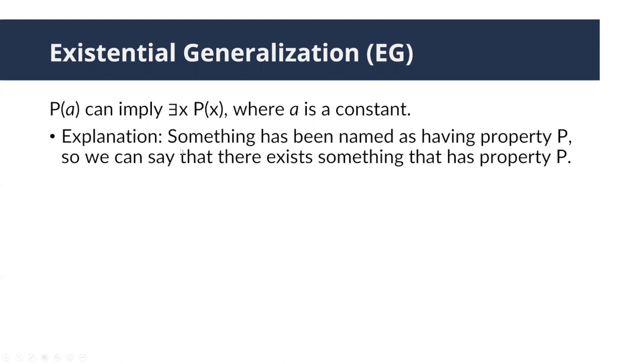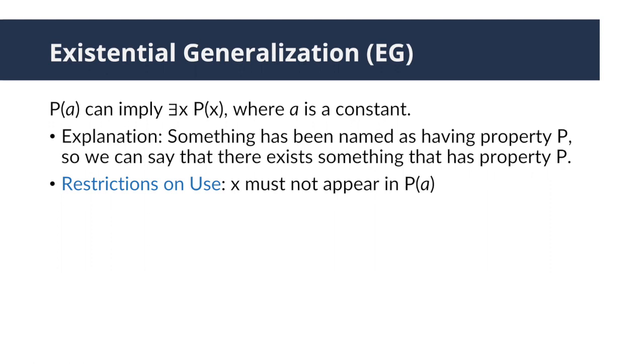The meaning of this rule is if something has been named as having this property P, then we can say there exists some element in the domain that has property P. There is also a restriction on the use of this rule. Because you are introducing a variable x, we have to make sure x has not appeared in the predicate.